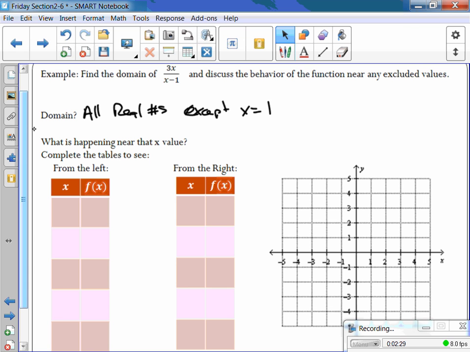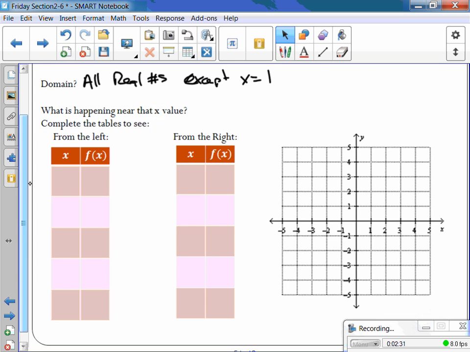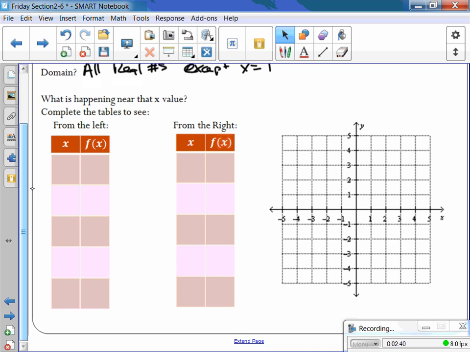Well, what's happening at x equals 1 then? It's definitely an asymptote, absolutely. And that's something we're going to be looking at.